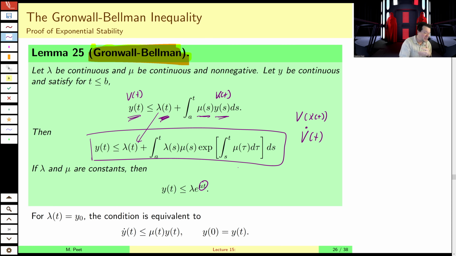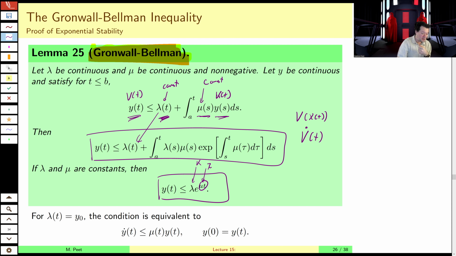In most cases, let's just make this a constant, and make that a constant, and then it reduces simply to this exponential bound. So in this case, this might be our k, and this might be our lambda, for example. It's a very important theorem, shows up all the time.